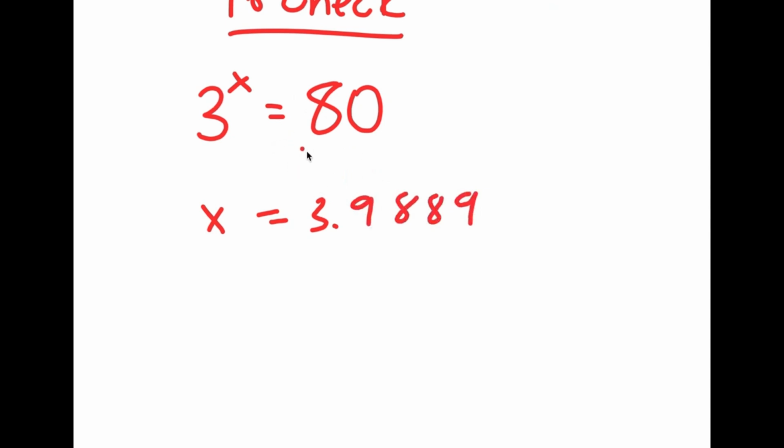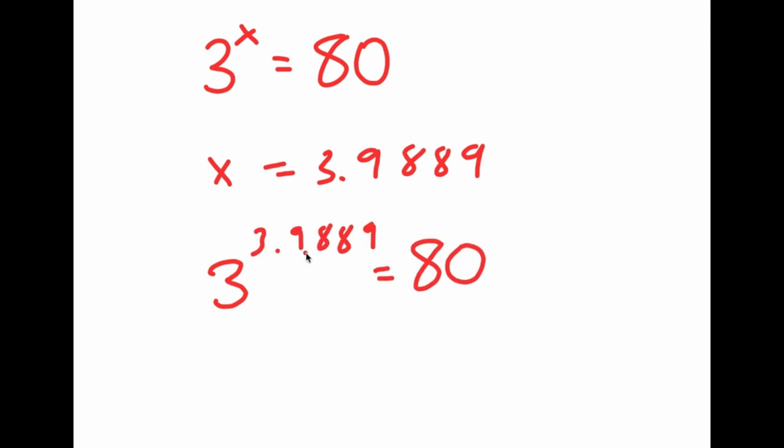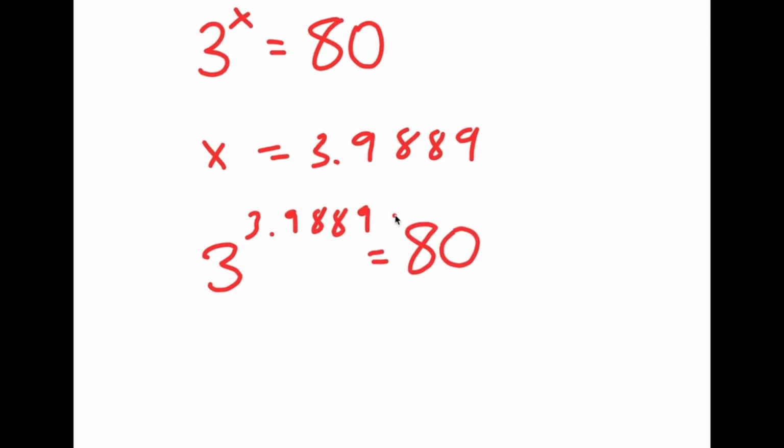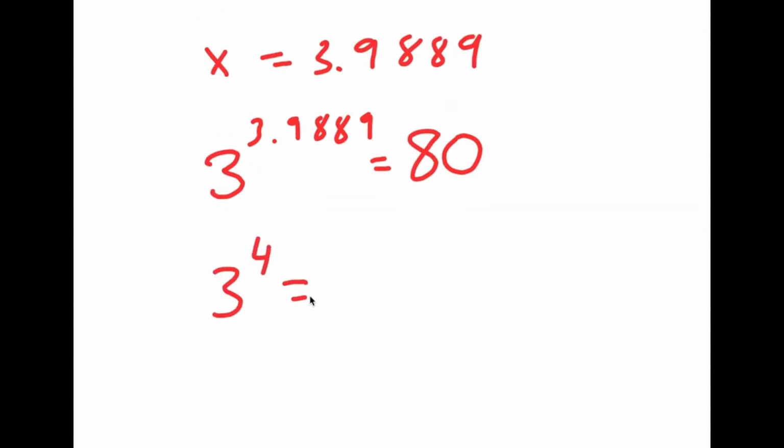So if I plug this in for x into my original equation, I get 3 to the power of 3.9889 is equal to 80. Now 3.9889 is really close to 4, right? So let's first find the value of 3 to the power of 4.